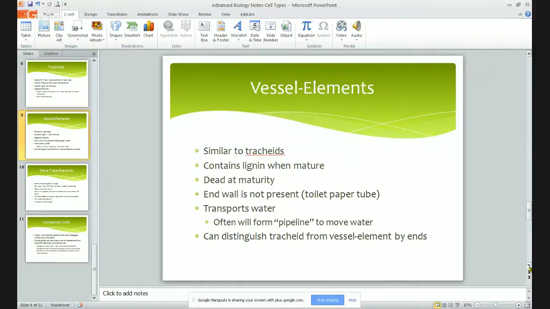What I was told to think of it as is the toilet paper tube that's left behind when you're done with the toilet paper. That's basically what your vessel element looks like. And so instead of having to be laid on top of one another like your tracheids did, these just literally get stacked on top of each other to make one long tube or pipeline to transport the water.